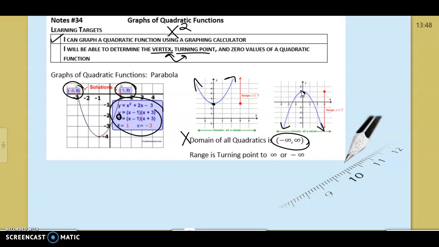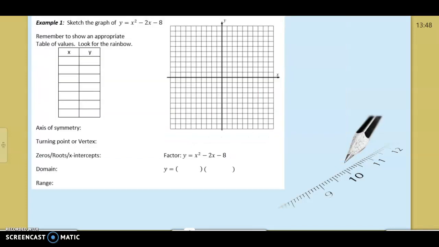So when it's the lowest point, everything is going to be above that, so greater than. And when it's the highest point, everything is going to be below that, so then less than. So it's going to be the turning point and then heading on in either the positive infinity or negative infinity directions. When we come back and look at this later after we do a couple, all that will start to make more sense. But for right now, just a good setup for what we're going to do.